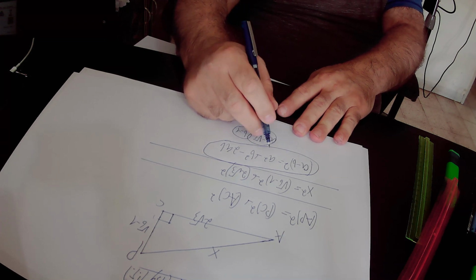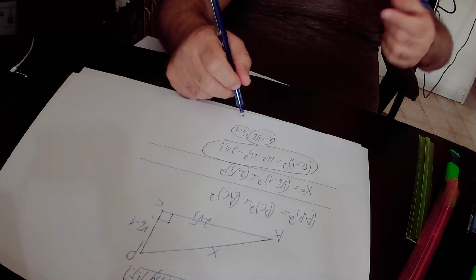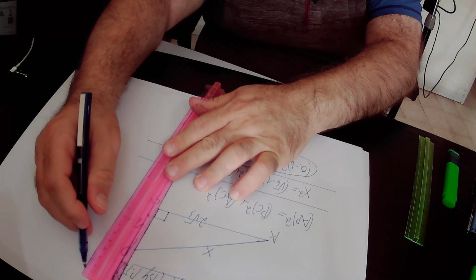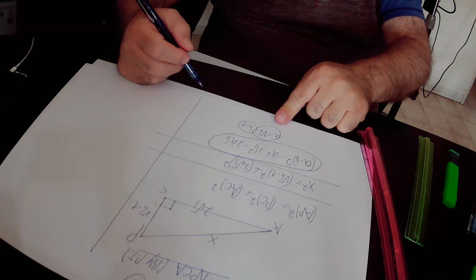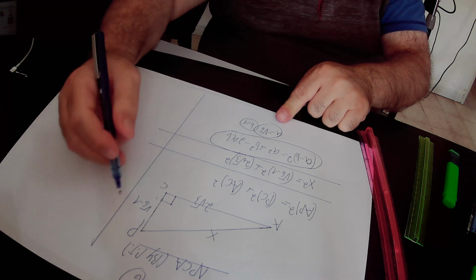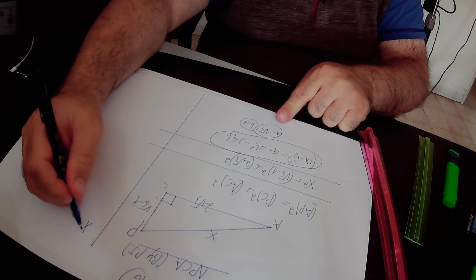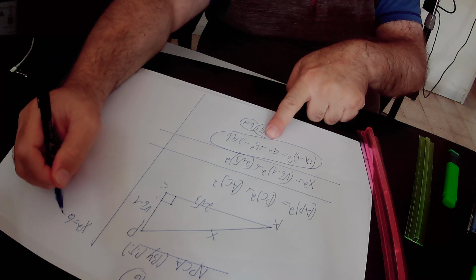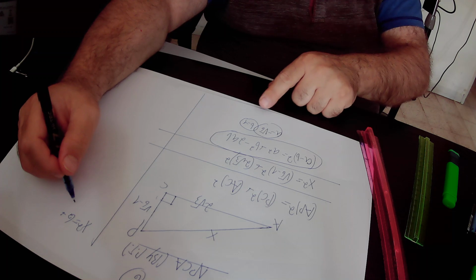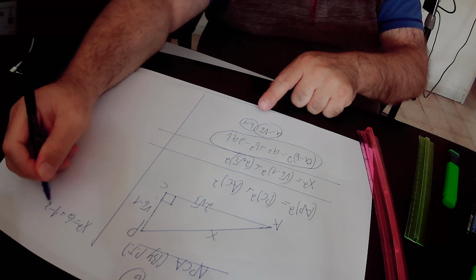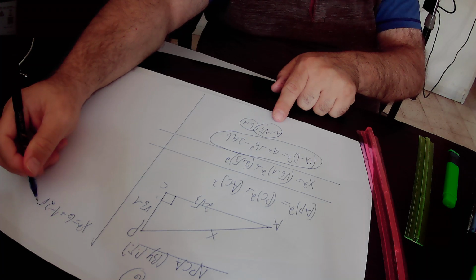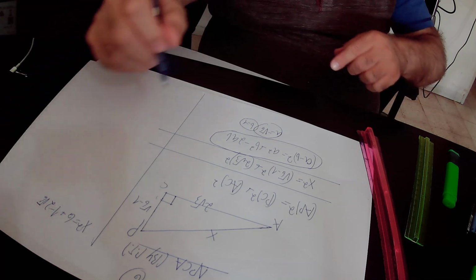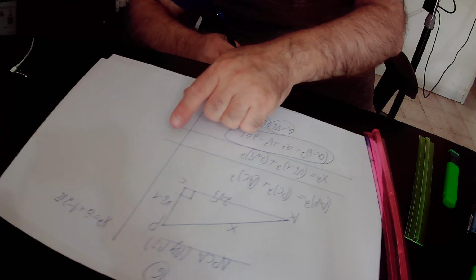According to this identity, (square root of 6 minus 1) squared equals a squared, here a is square root of 6, therefore a squared is 6, plus b squared, b is 1, therefore b squared is 1, minus 2ab, a is square root of 6 and b is 1. So in conclusion, (square root of 6 minus 1) squared equals 6 plus 1 minus 2 times square root of 6.